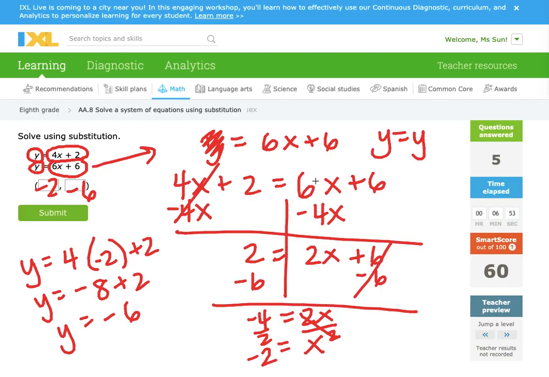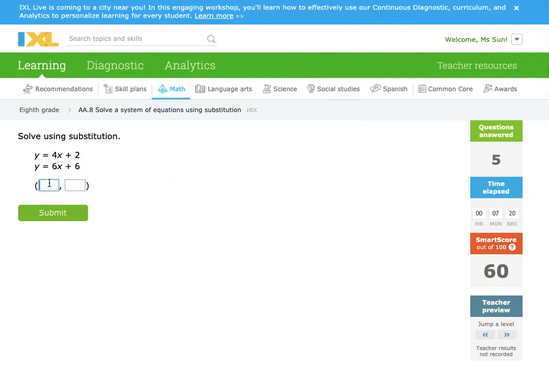Instead of y equals 6x plus 6, I have y equals 6 times, my x was negative 2, plus 6. So y would equal 6 times negative 2 is negative 12 plus 6. So y equals negative 6. Does y equal negative 6? Yes, it does. Okay. So it looks like our answer is negative 2, negative 6. I'm going to type it in correctly this time.